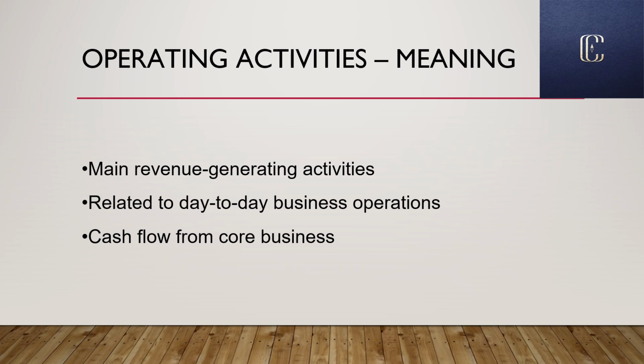Main revenue generating activity means every business has a core purpose. For example, for a shop, the core purpose is selling goods. A school's core purpose is to teach, and in terms of accounts, collecting fees.